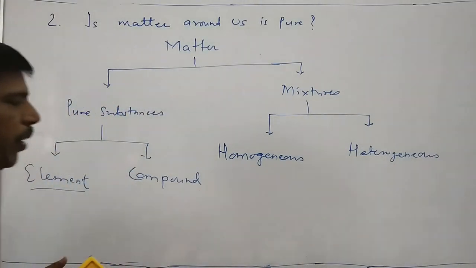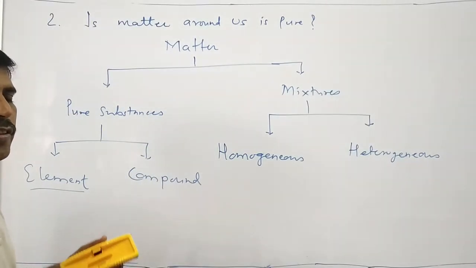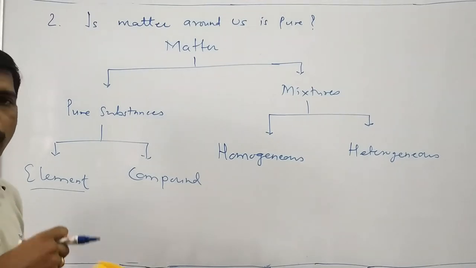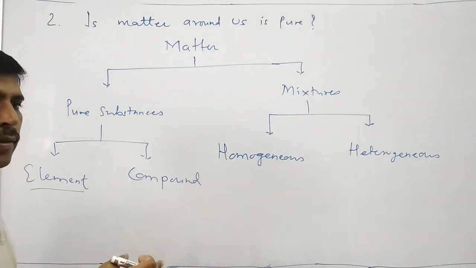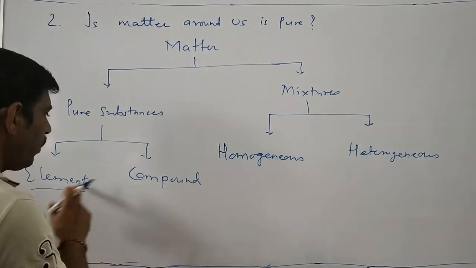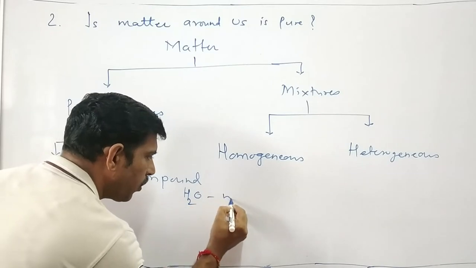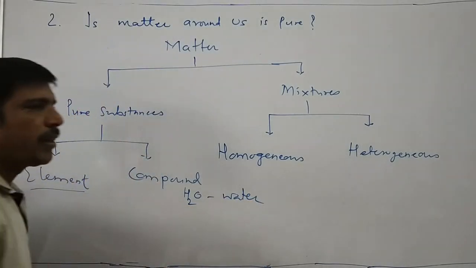Then compound. Compounds are the materials which are formed by the combination of two or more than two atoms of different elements. For example, H2O, that is water, is a compound. It's a chemical compound. How is it formed?